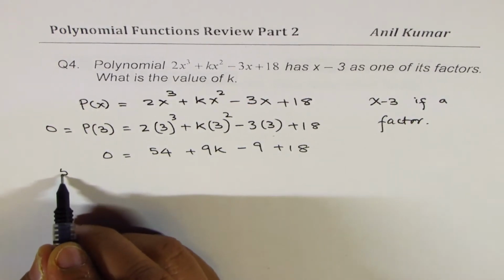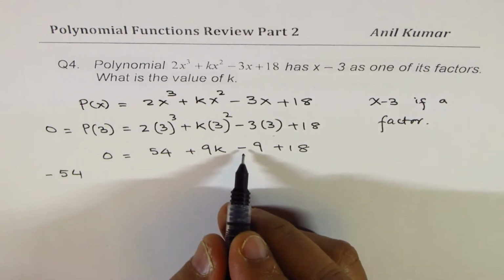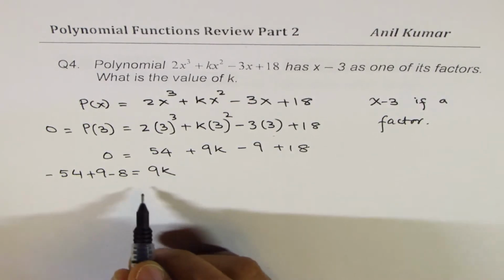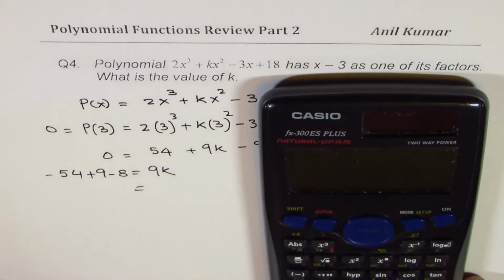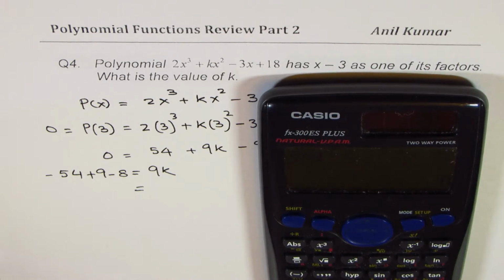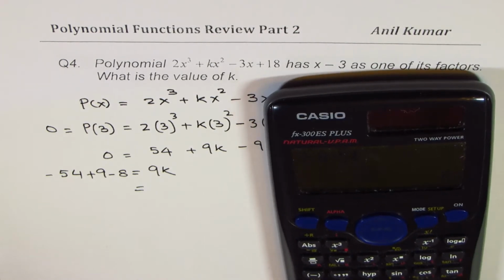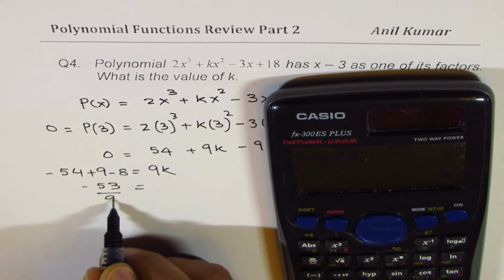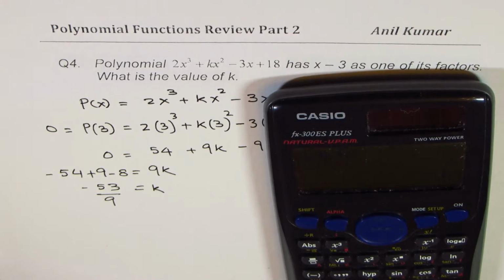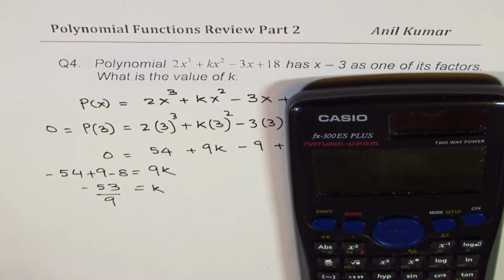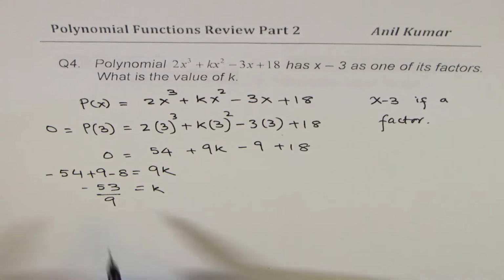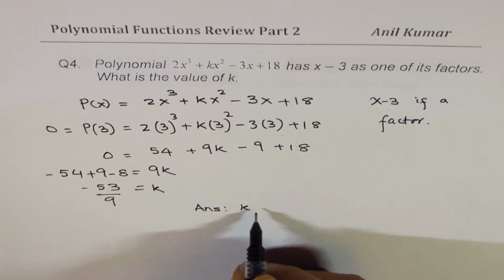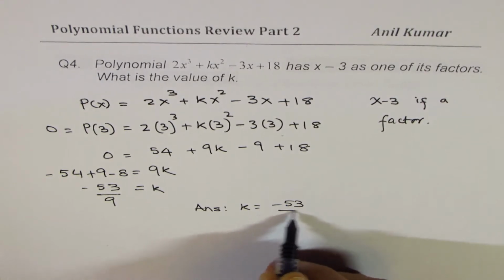So we get 54 with a negative sign plus 9 minus 18 equals 9k, which is, calculate, 9 minus 18 minus 54 equals minus 63, and we'll divide this by 9 to find the value of k. Divide by 9 equals minus 5.88. So let's keep it minus 53 over 9. So we get our answer as k equals minus 53 over 9.